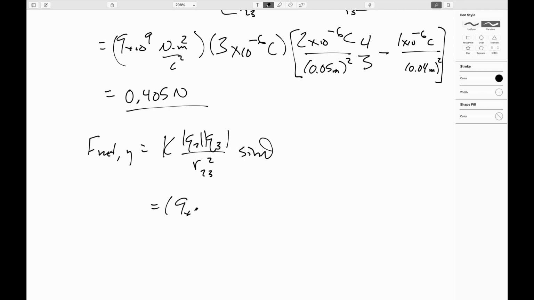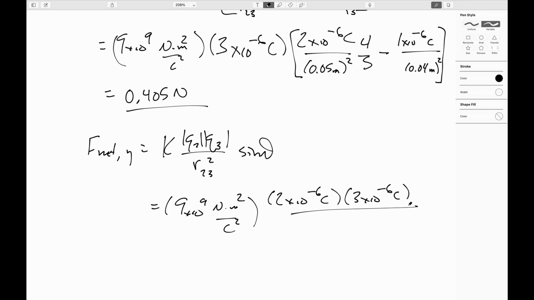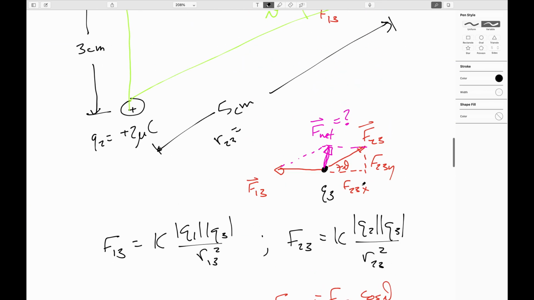We will have 9 times 10 to the 9 Newton meters squared per Coulomb squared, Q2 we said was 2 times 10 to the negative 6 coulombs, absolute value of Q3 was 3 times 10 to the negative 6 coulombs, over 0.05 meters squared.